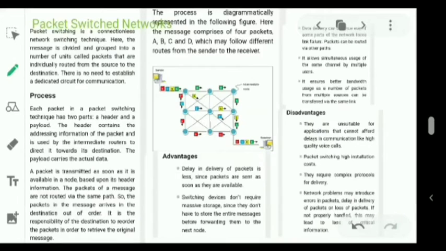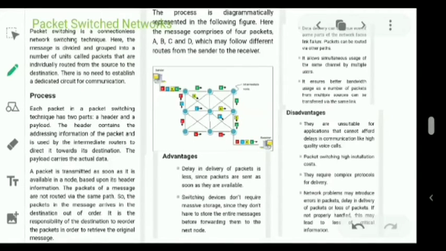Now coming to the advantages. First, the delay in delivery of a packet is less, since it is sent as soon as it is available. Second, switching does not require massive storage, as message switching does, so that is where we get the advantage. Also, it allows simultaneous use of the same channel by multiple users.